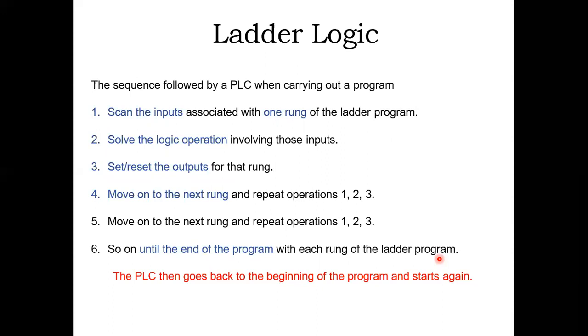Until the end of the program, each rung of the ladder program, then it will go back to the first one. The PLC goes back to the beginning of the program and starts again for a continuous process, because if you want to rotate a motor continuously, we need to repeatedly execute the program.